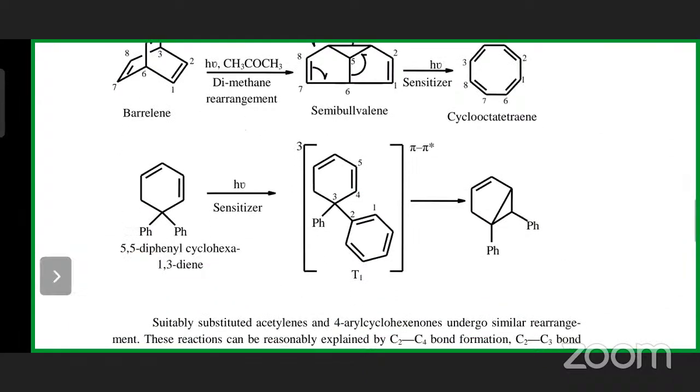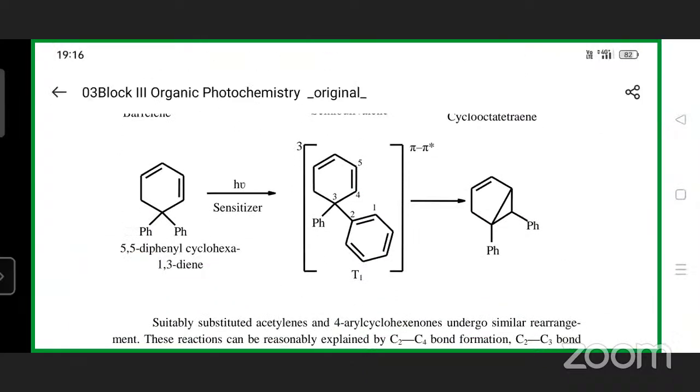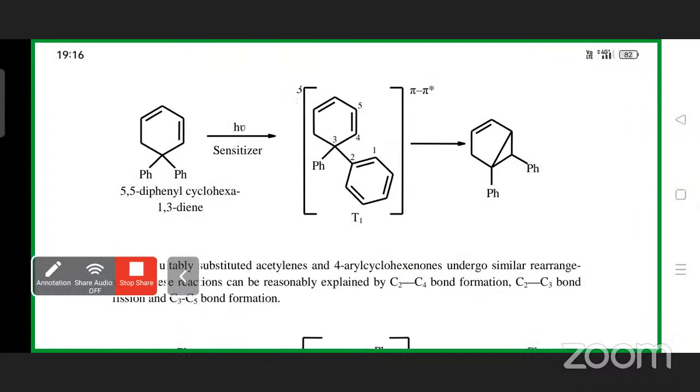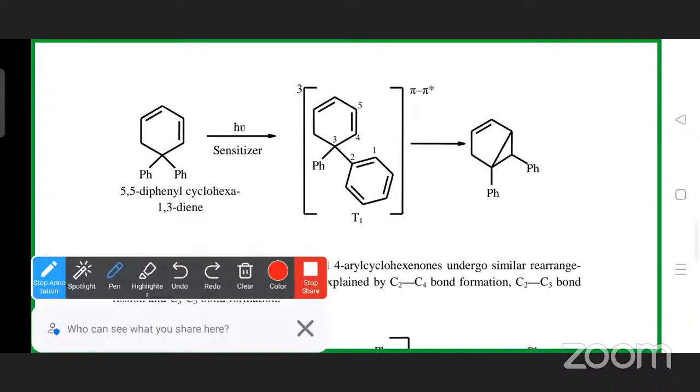And yes, all these things. And one more example here. Somewhat technical, right? In this 5,5-diphenylcyclohexa-1,3-diene, are you able to find the diene here?